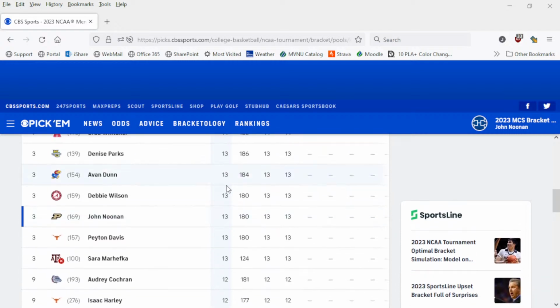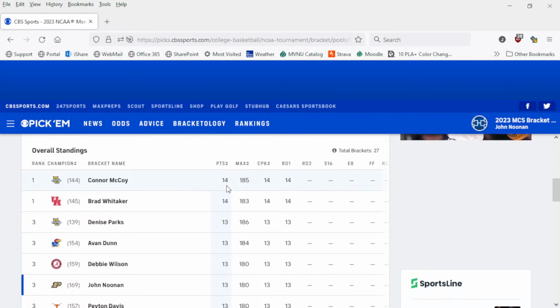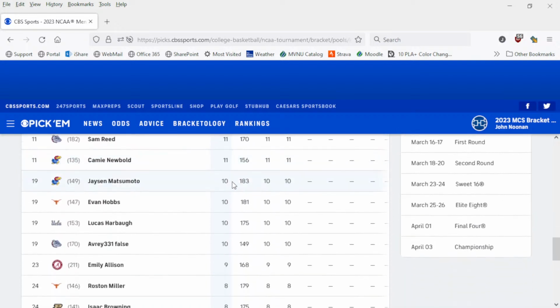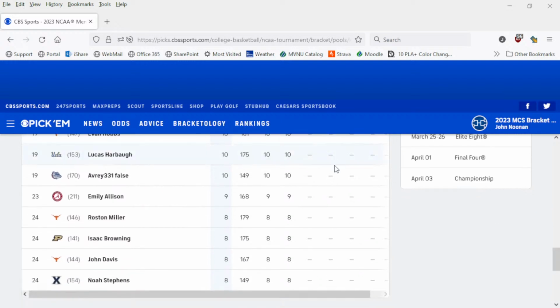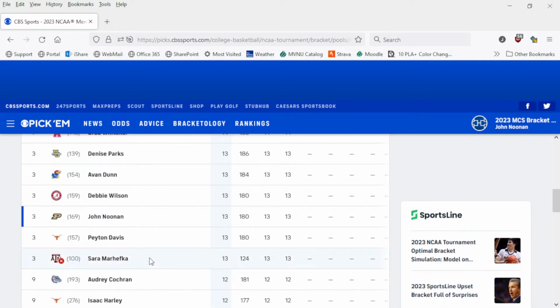Wait, who's at the top? Connor. Let's go, Connor. I think it's fixed, because last year Dr. Brad won. Dr. Brad was the one who picked Kansas last year. Someone picked Texas A&M up there. Who picked Texas A&M? Look, I'm tied for second in mine. Look who I picked. I picked UNC Chapel Hill. See? I don't know if that was a good pick. I did my best.